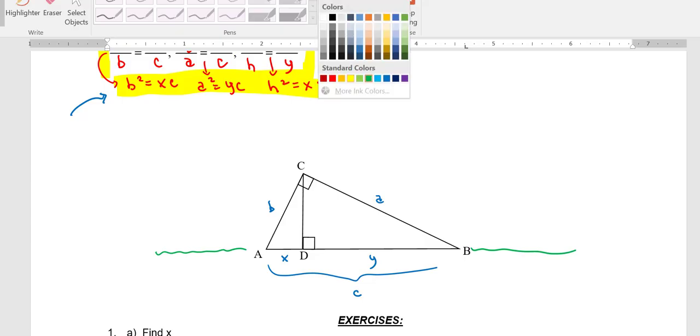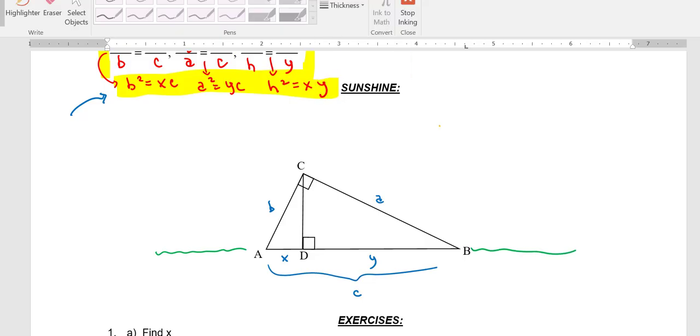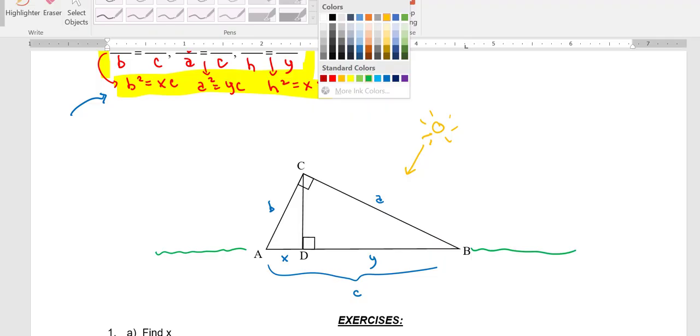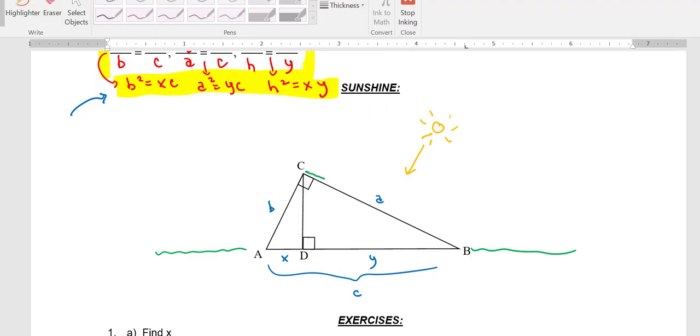And then if I put the sun up on this side over here, and it's shining down on this side of the diagram, I'm going to ask myself, so it's shining on the A side, so that's going to be my A squared.